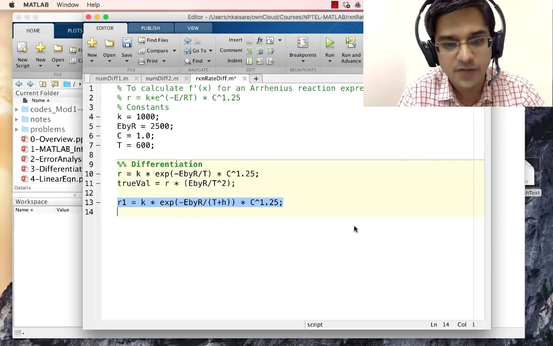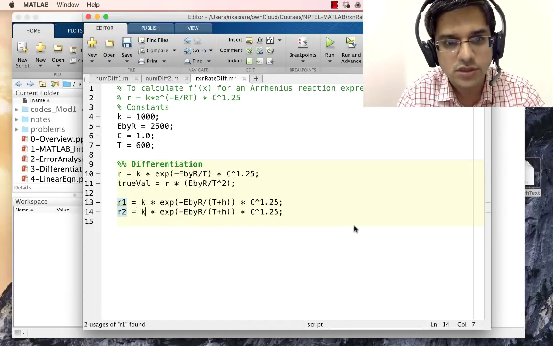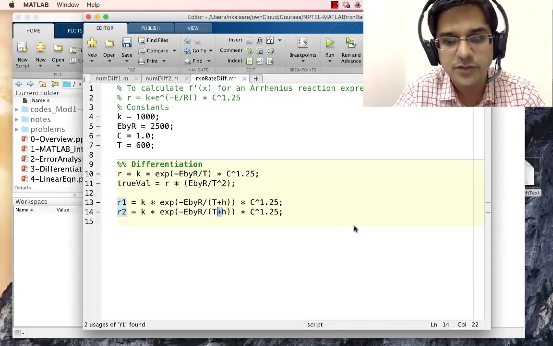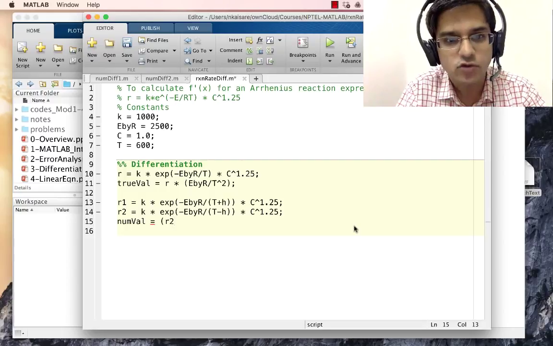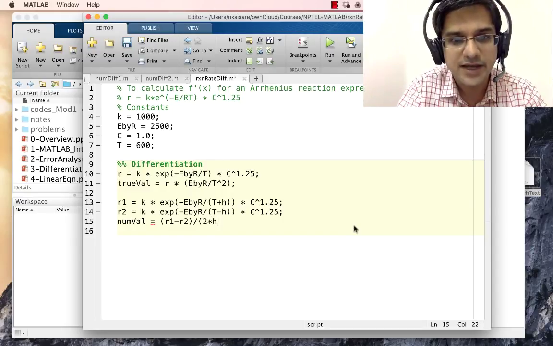Using central difference formula, let's copy and paste this over here, and R2 is going to be this, but with T minus H. And numval is going to be equal to R1 minus R2 divided by 2 multiplied by H.